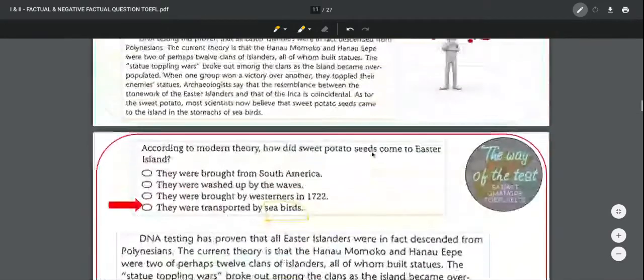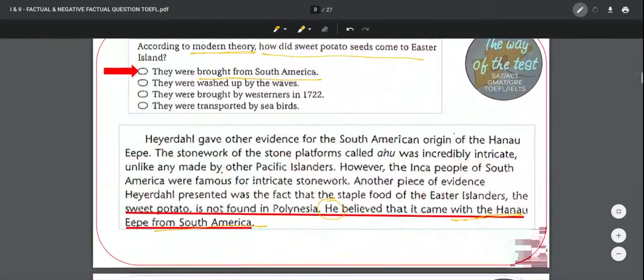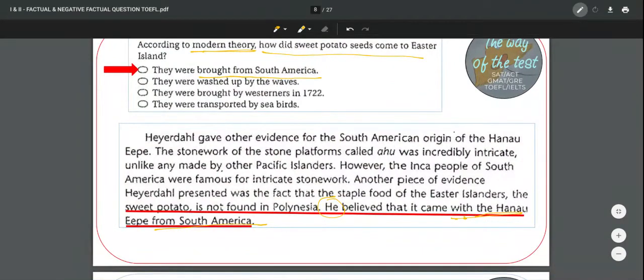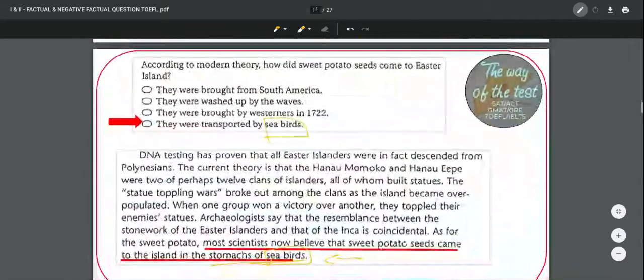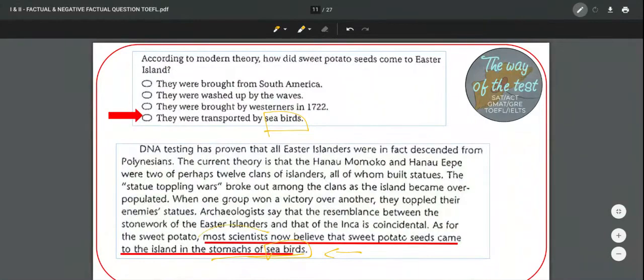Now, if we go to letter A, we see that the one who believed that it came from Hanau Eep was another person, Thor Heyerdahl. And if we go to letter D, it says that most scientists now believe, so the word now will be referring to modern theory. So modern theory, scientists now believe.